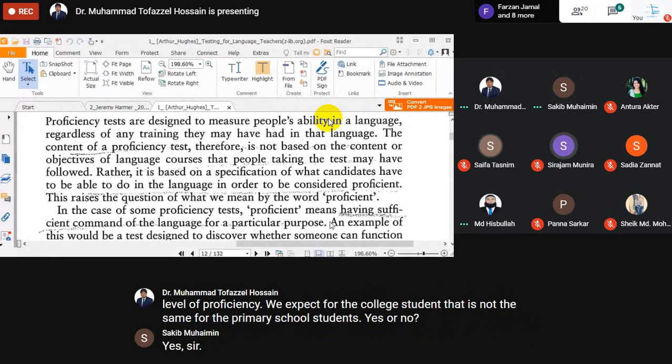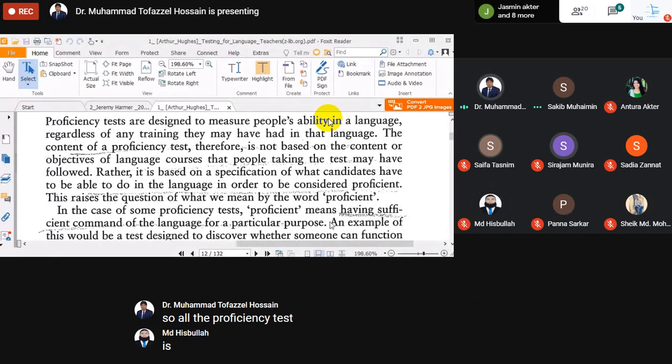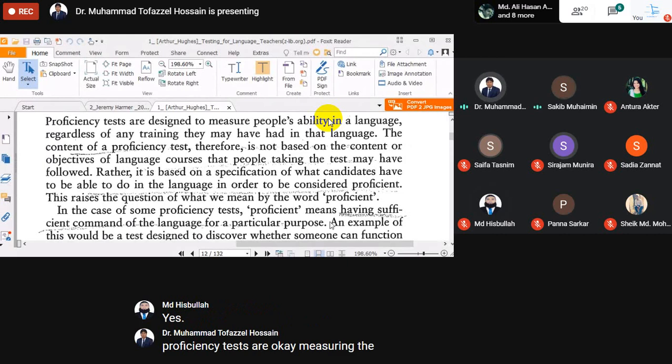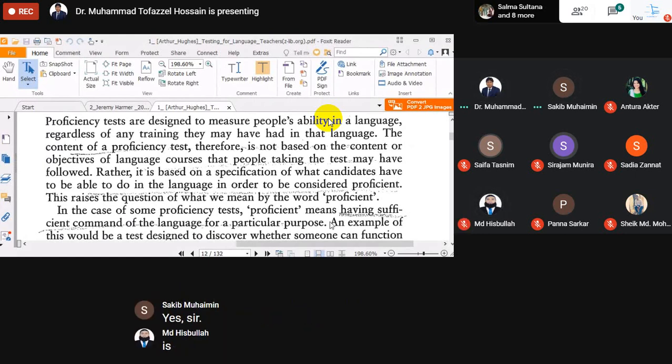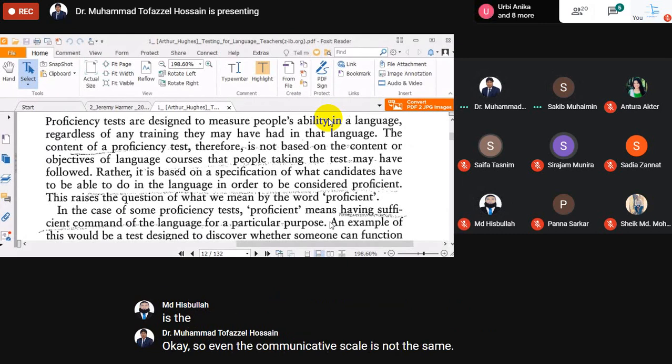Yes, sir. So all the proficiency tests are measuring the ability, but the abilities are not the same. Got the idea? Yes, sir.